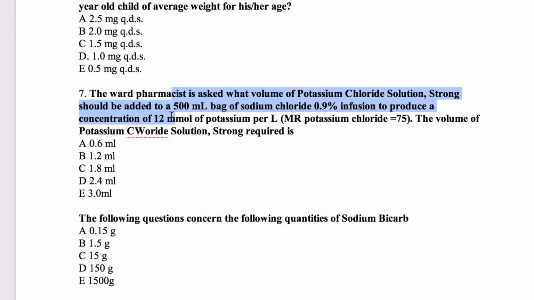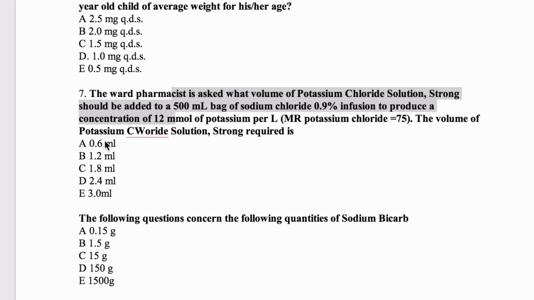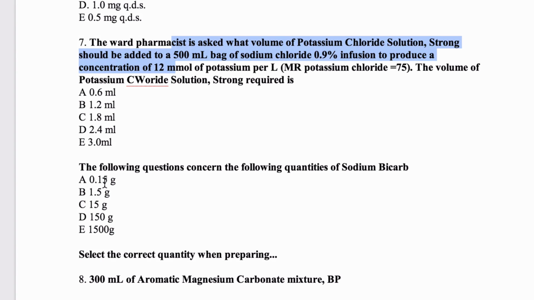So 500 ml to 1000, you just times it by 2. So then it would be 0.06 millimoles. Very good. That was a bit tricky, that one. So the answer is A.